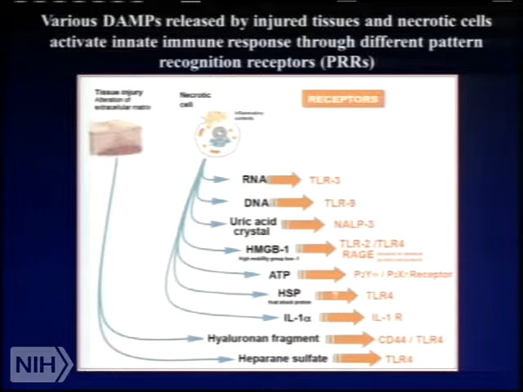Probably one of the best known is the TLR4 receptor, which is also activated by bacterial endotoxins. So some of these can be released from the cells and activate inflammatory cells during necrosis.